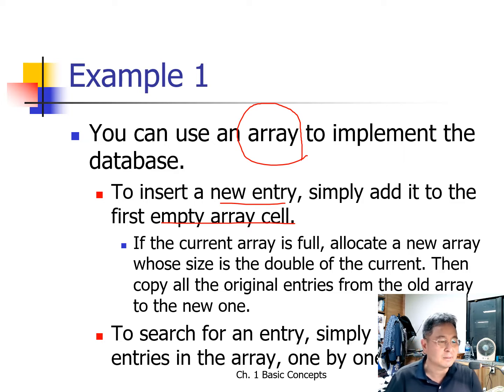Okay, but if the current array is full, no empty cell, then we can create a new array. The size is double the current. And then we copy all the original full old array to the new array.